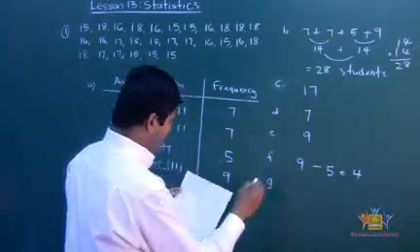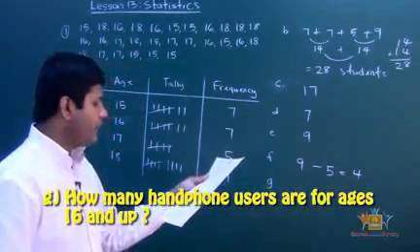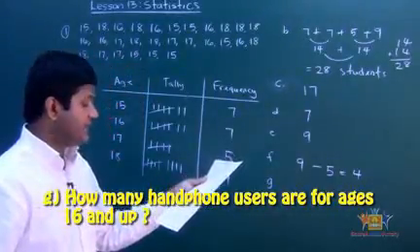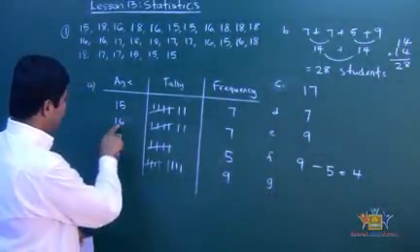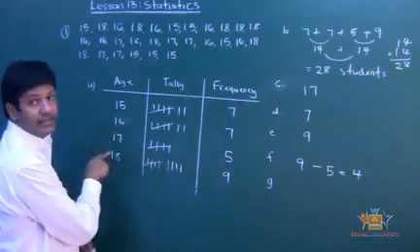Now let's do G. How many handphone users are for ages 16 and up? 16 and up. So that means it'll be 16, 17, and 18.